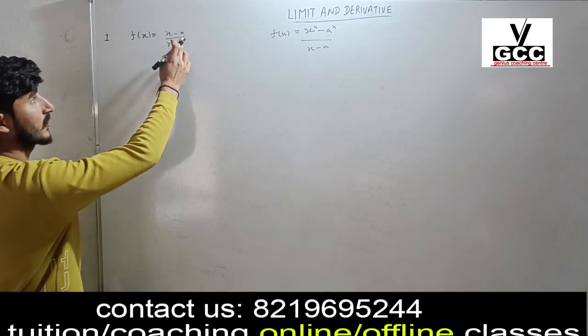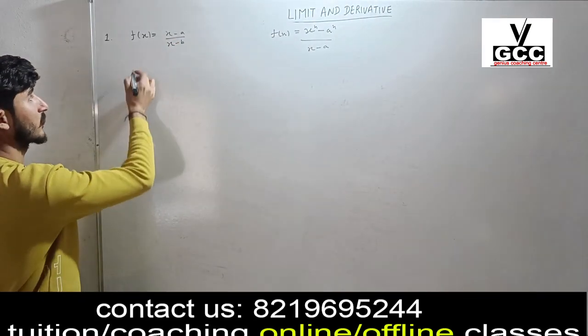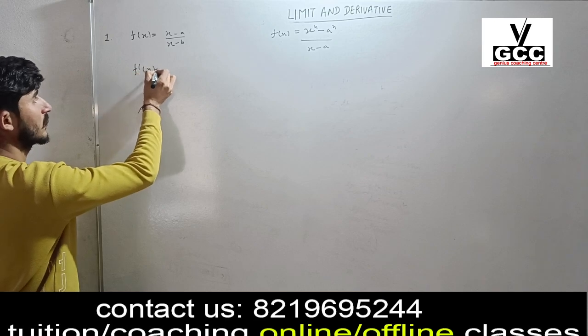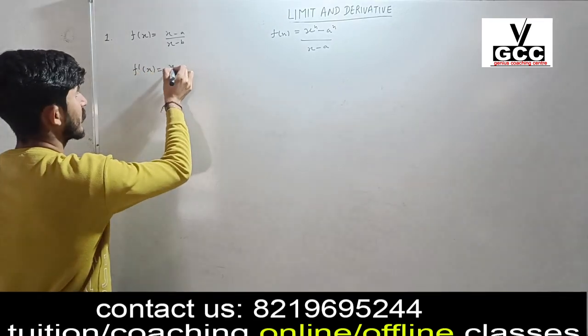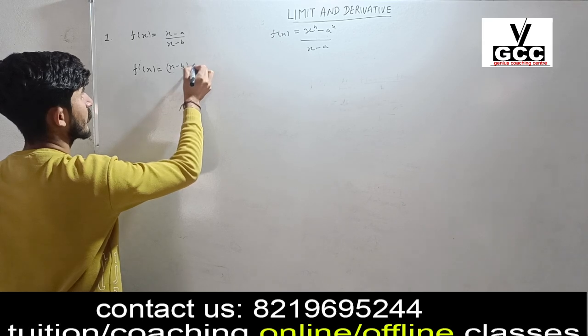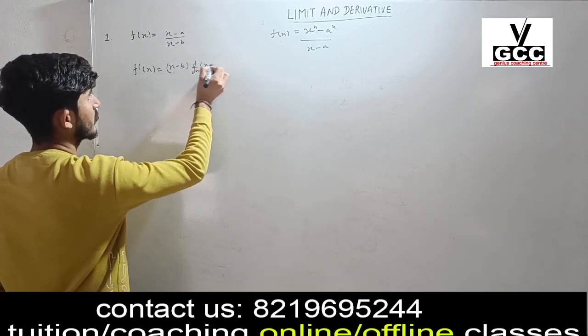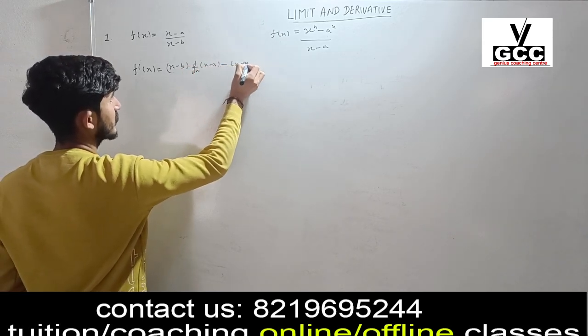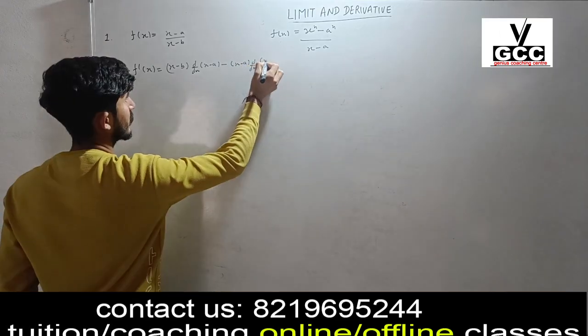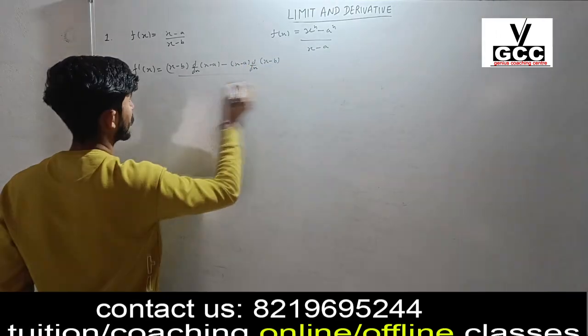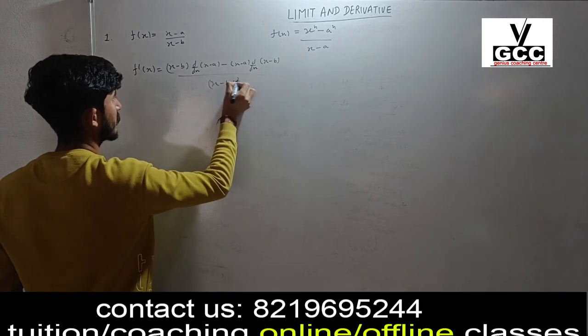Now we have another example, f of x equal to x minus a upon x minus b. We have to find out the derivative by using quotient rule. Denominator as it is, derivative of numerator minus numerator as it is, derivative of denominator whole upon denominator square.